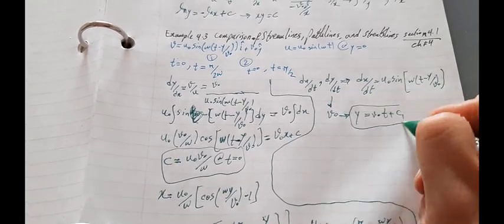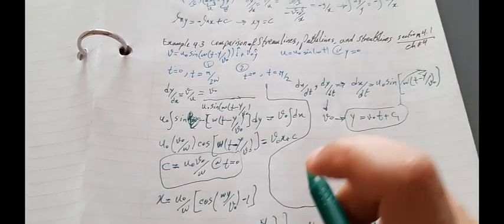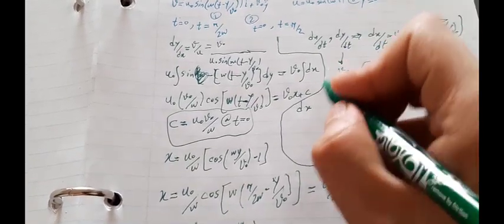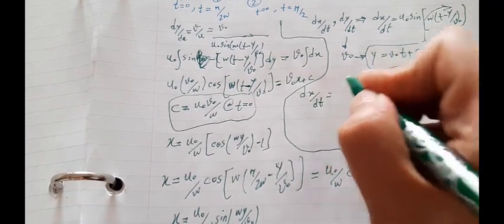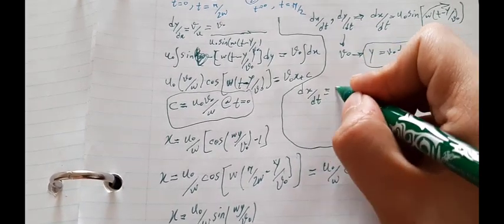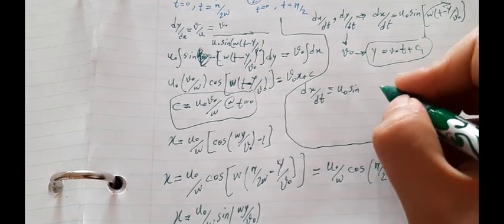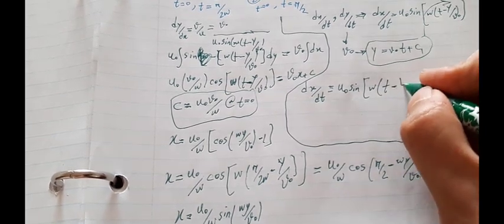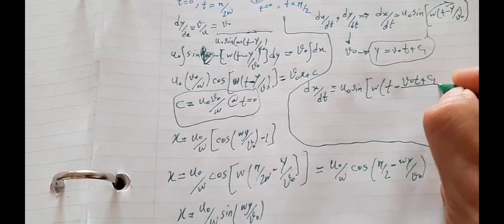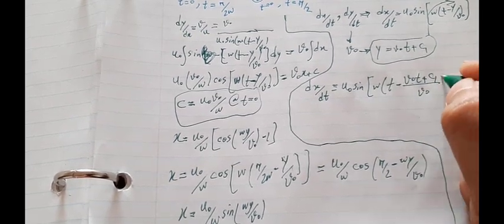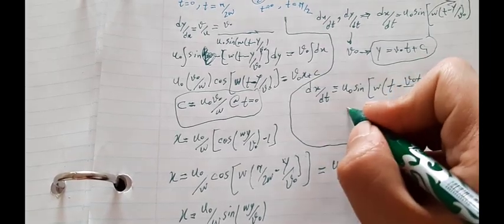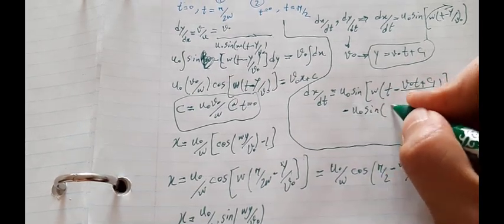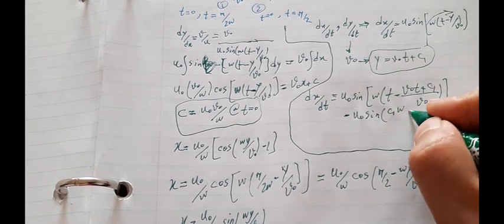If we just replace this into this, we can have the dx over dt as u0 sine omega multiplied by t minus v0 t plus c1 over v0, which is going to be totally equal to minus u0 sine c1 omega over v0.